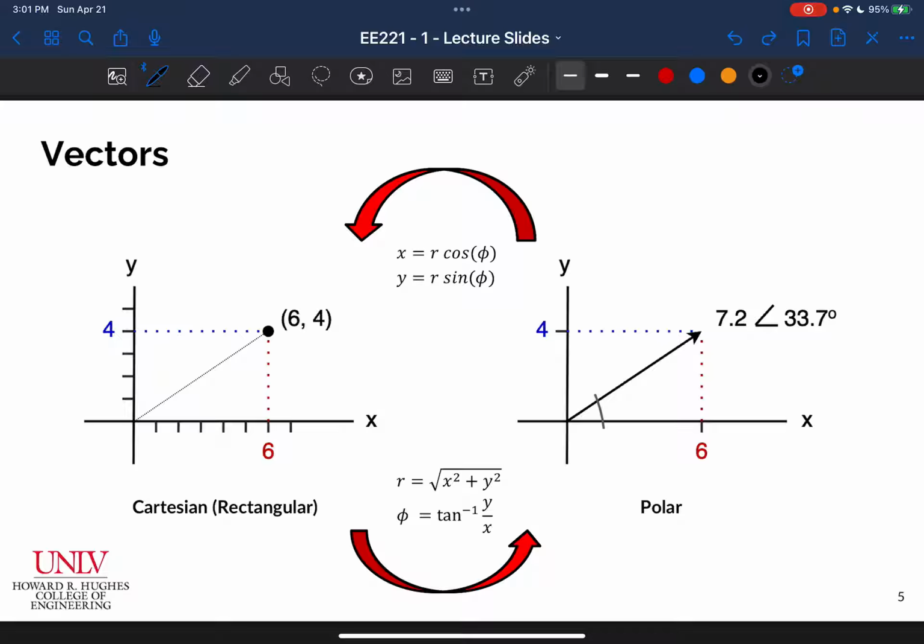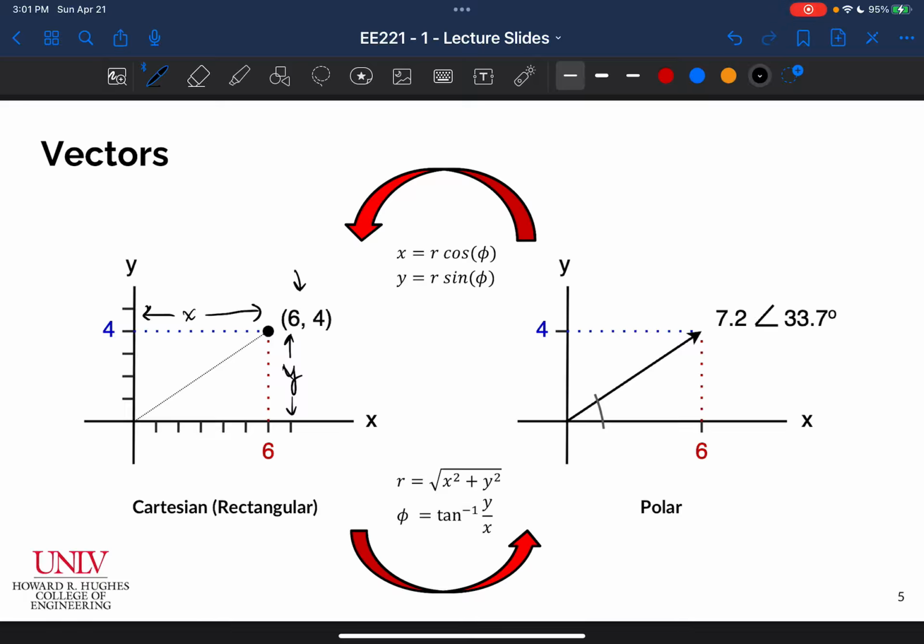So if I'm talking about this point in the XY coordinate plane, 6, 4, I know that my X value is 6 and my Y value is 4. This would be the Y value going up and the X value going across, of course.